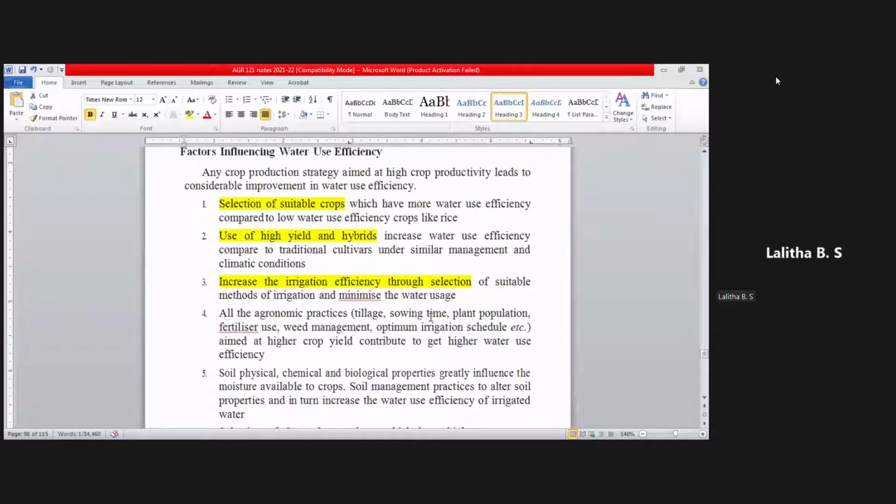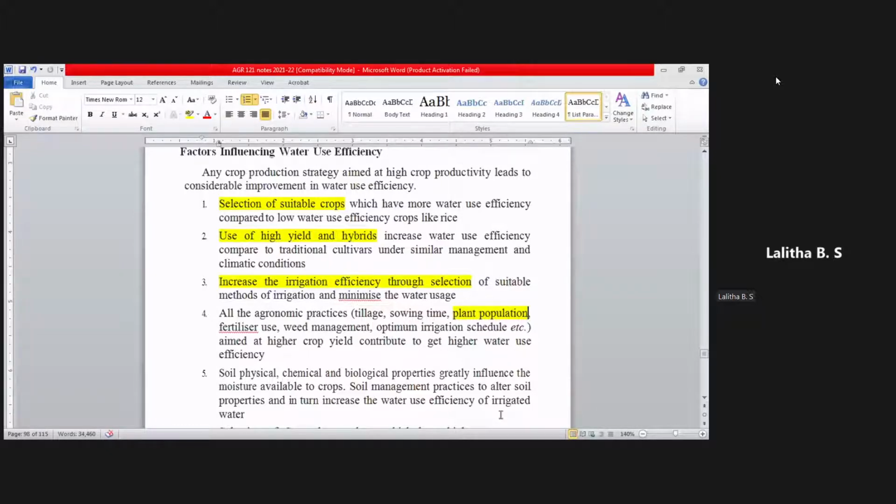Then again, sowing time. Sowing should be at the correct time, the optimum time, in the right season. If we delay the sowing, then it is going to reduce the yield. Plant population also is very, very important. Already I told you, each plant is going to contribute to the final yield.